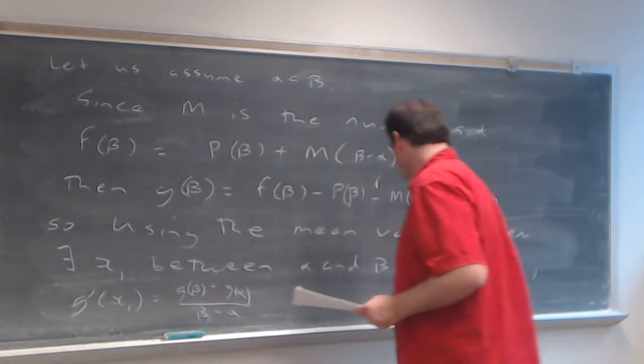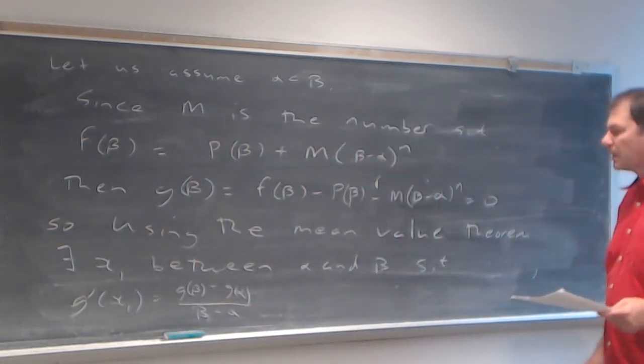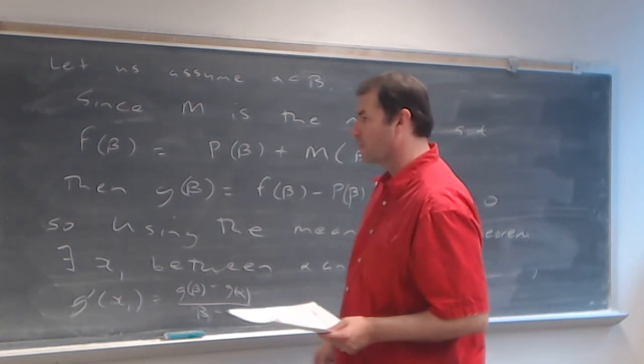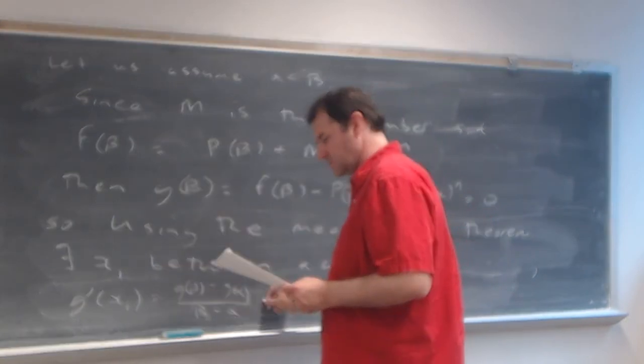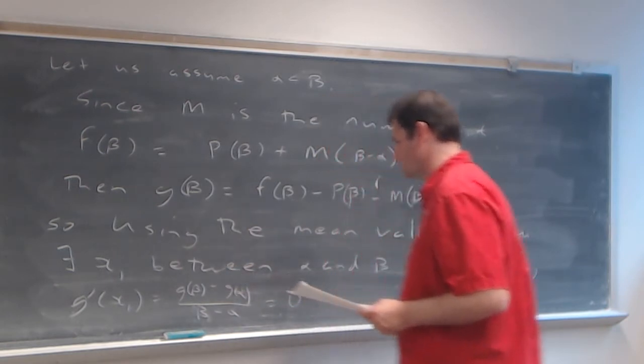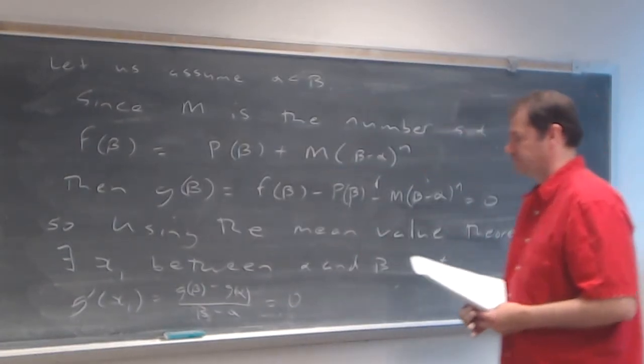But I know that g of alpha equals 0 and g of beta equals 0, so this quantity equals 0. Good.